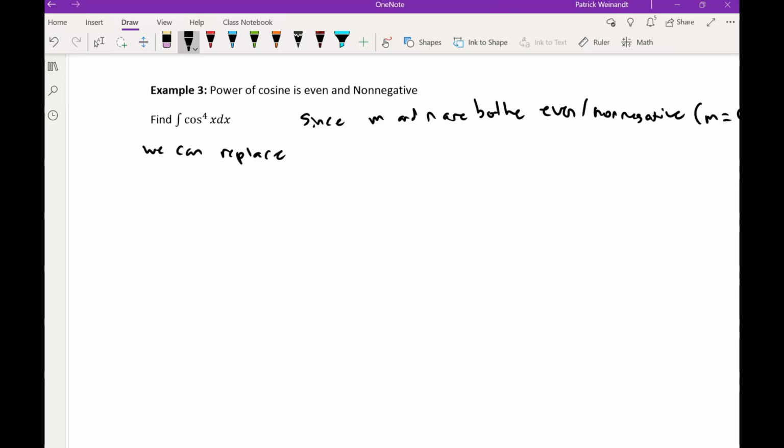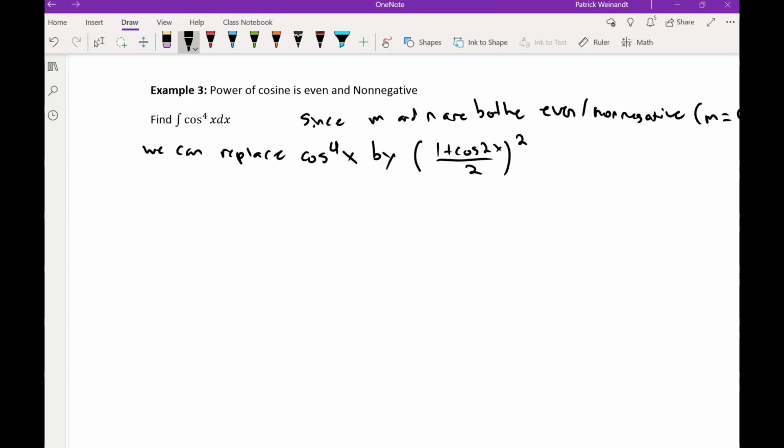And we can replace cosine to the 4th of x by, well, we know that cosine squared of x is going to be (1 plus cosine 2x) over 2. So if I have cosine to the 4th of x, that's the same as saying ((1 plus cosine of 2x) over 2) squared.